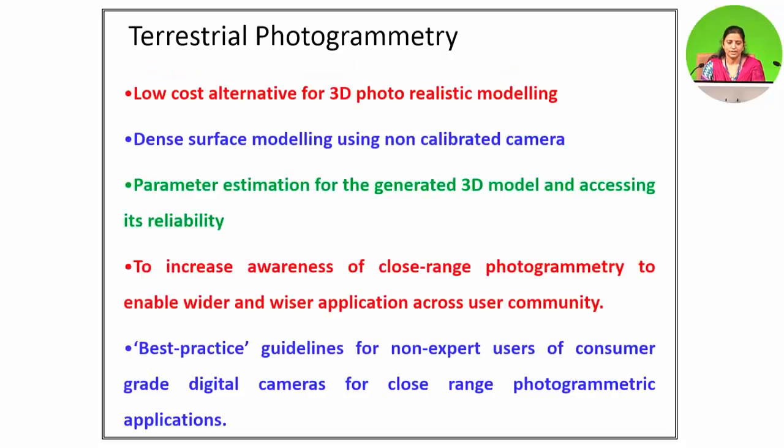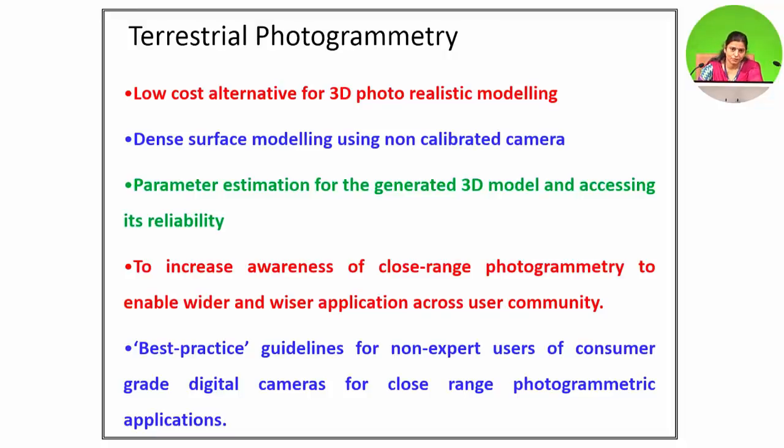Terrestrial photogrammetry, or close range photogrammetry, is a low cost alternative for 3D photorealistic modeling. Dense surface modeling using a non-calibrated camera can also be carried out. The parameter estimation for the generated 3D model and its reliability can be assessed.